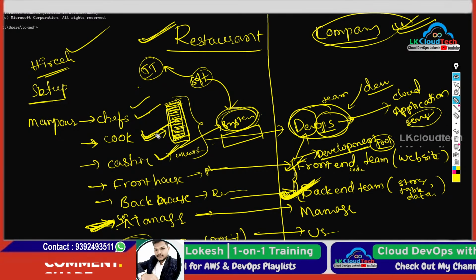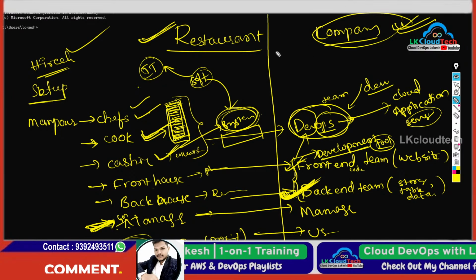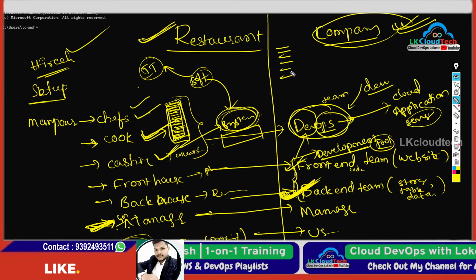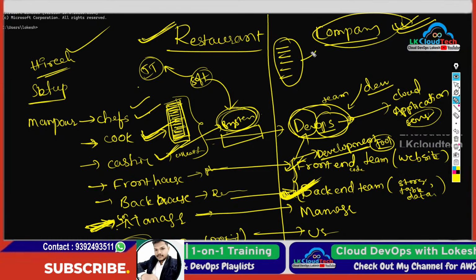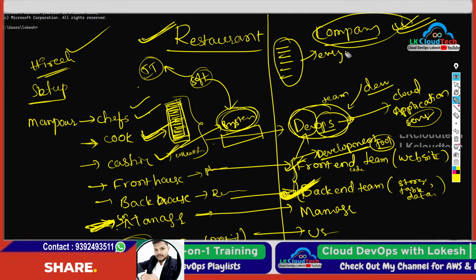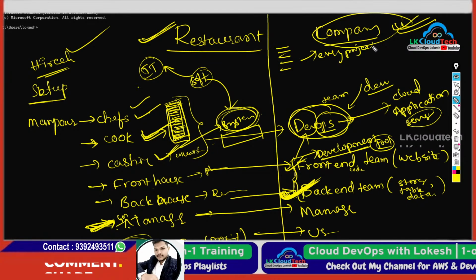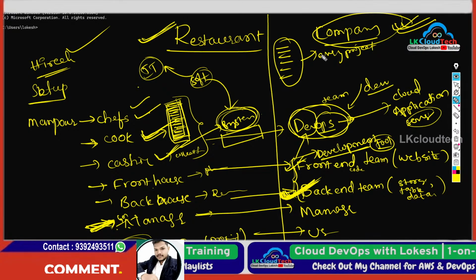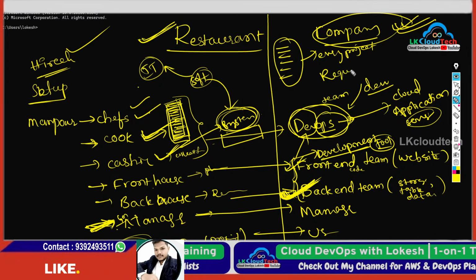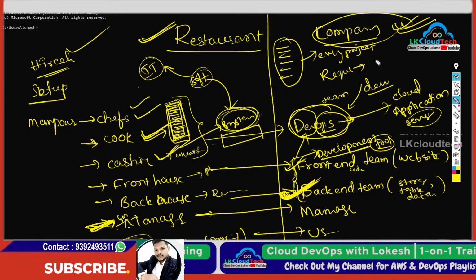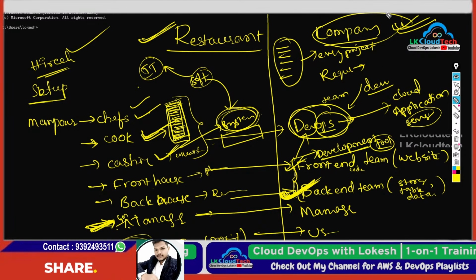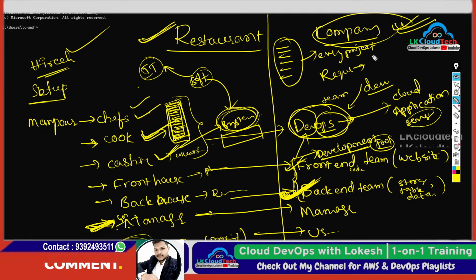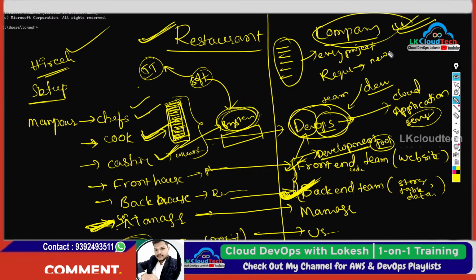The same way, the DevOps team also has a lot of tools, and all tools will not be used for every project. For example, you got a requirement: Hey Mohammed, you have to take care of infrastructure.